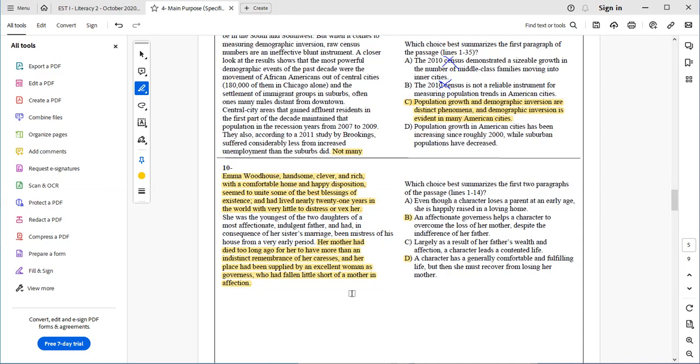Nothing annoyed her in her 21 years. The last sentence, her mother had died too long ago for her to have more than an indistinct remembrance.